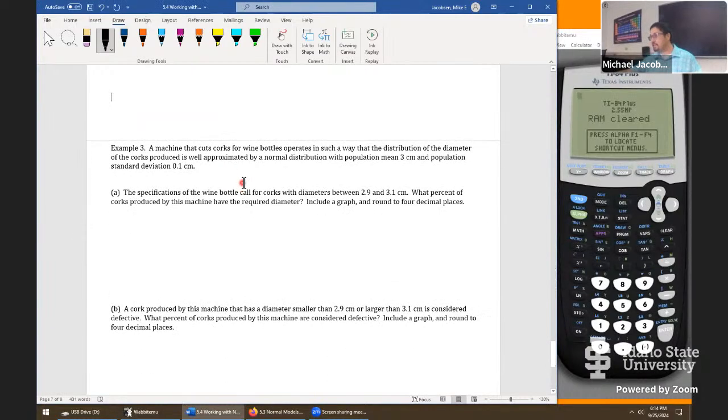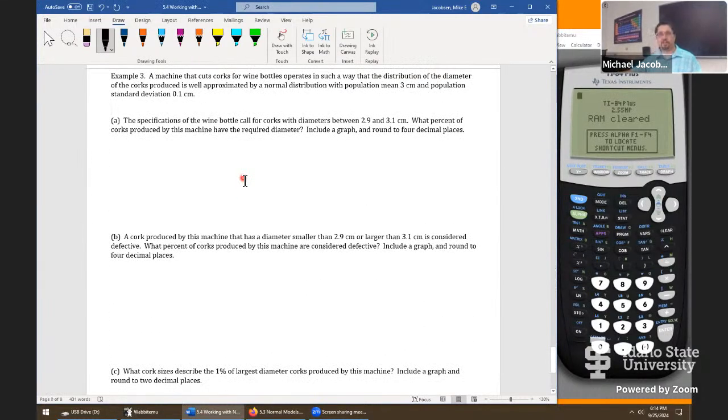Example 3. Looks like this one has to do with alcohol. It says here, a machine that cuts corks for wine bottles operates in such a way that the distribution of the diameter of the corks produced is well approximated by a normal distribution. So of course we have to have that, or it wouldn't fit in this section. We have a population mean of 3 centimeters.